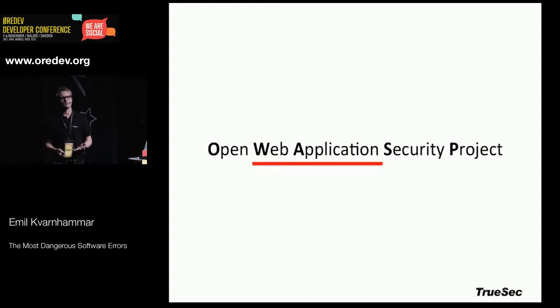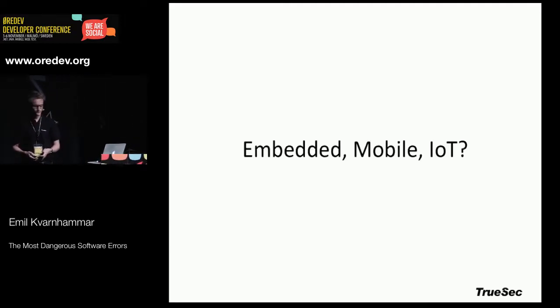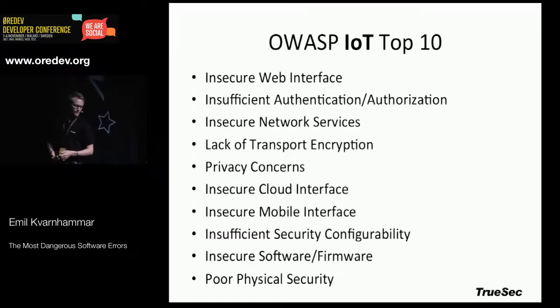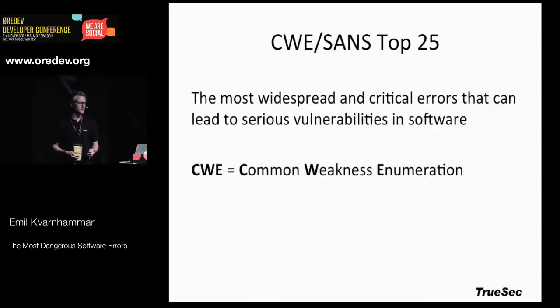web applications mostly. So I wanted to share something with you that's not only about web applications, but also other software, like embedded and mobile applications, any type of software, basically. There is another list from OWASP called OWASP IoT for the Internet of Things, but I think this is still somewhat limited.